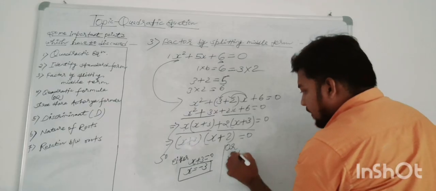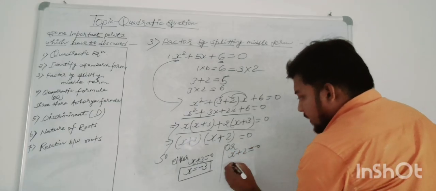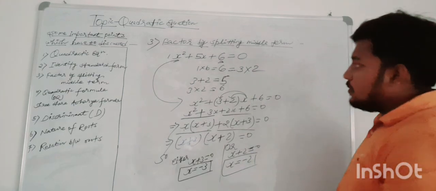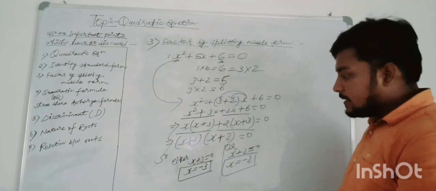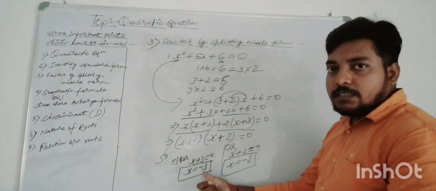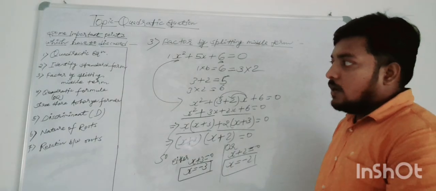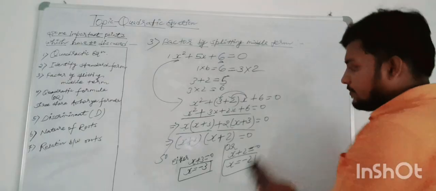Or x + 2 is equal to 0, then we get x = -2. So the roots of the quadratic equation x² + 5x + 6 = 0 are x = -3 and x = -2. Now the fourth one is the quadratic formula.